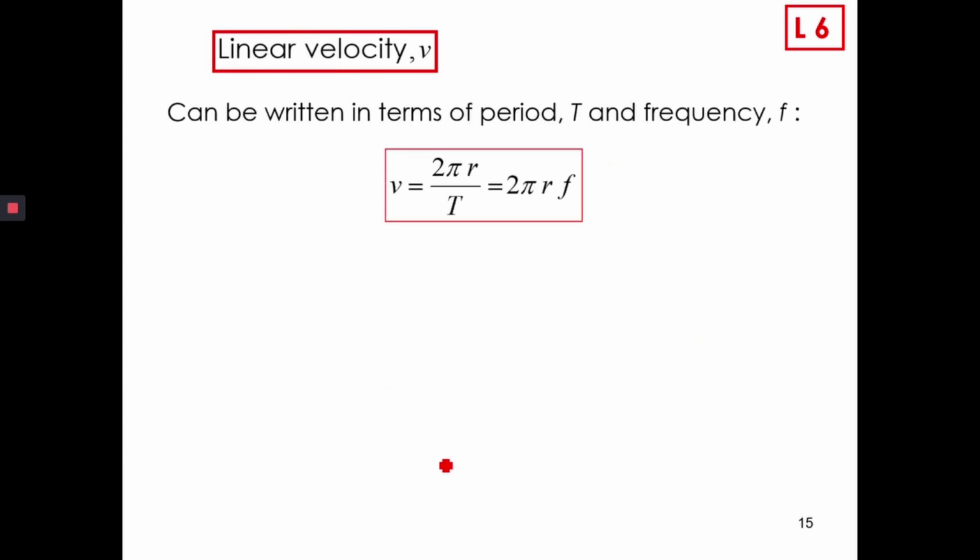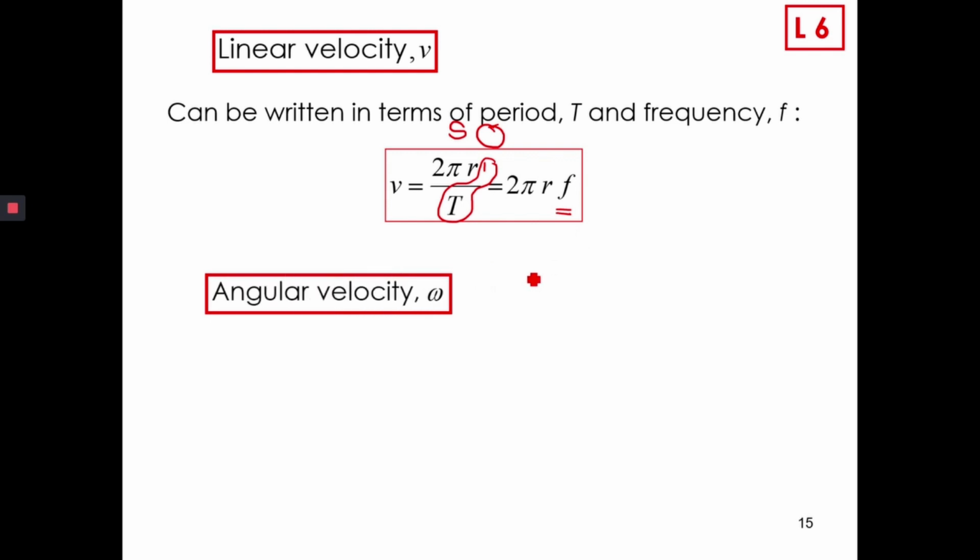How to relate between velocity and frequency? Velocity can be related with frequency using the formula 2 pi r per t. 2 pi r is s for one complete cycle, then over period equals 2 pi r f, because 1 over t is equal to your frequency.